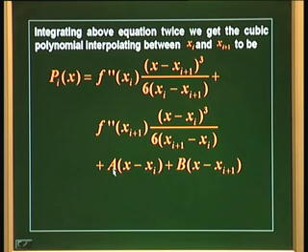And now we can get these a and b values by saying that p_i at x_{i+1} is equal to f of x_{i+1}, and p_i at x_i is equal to f of x_i. So, b is f of x_i. You can see, p_i at x_i would mean that this term would go to 0, and then we can construct this value from that.